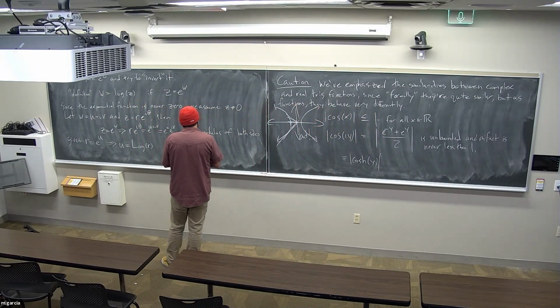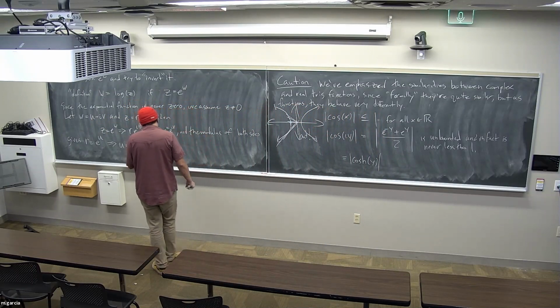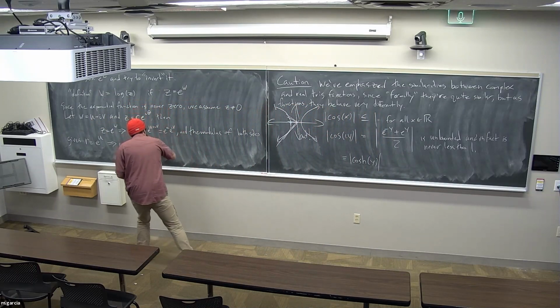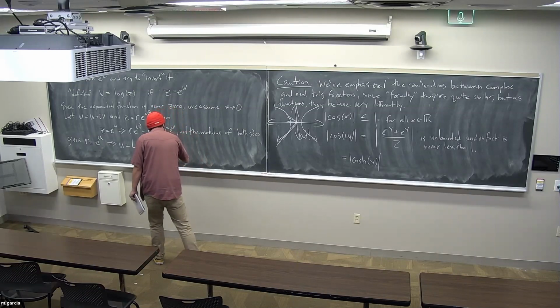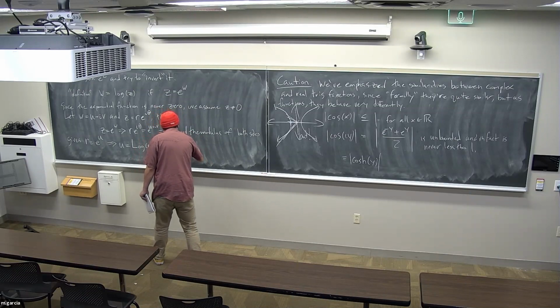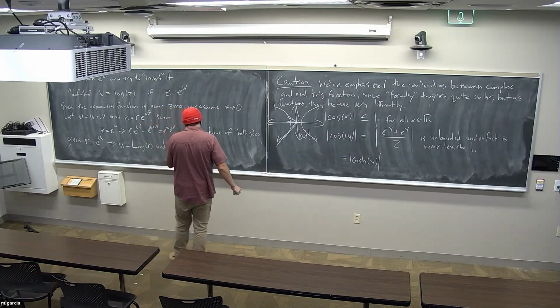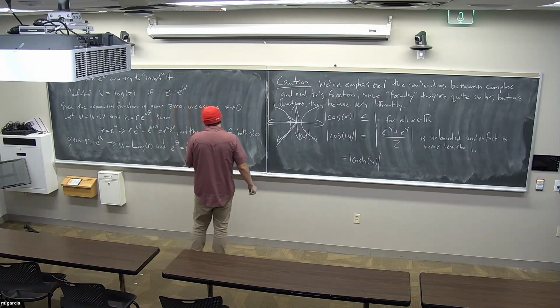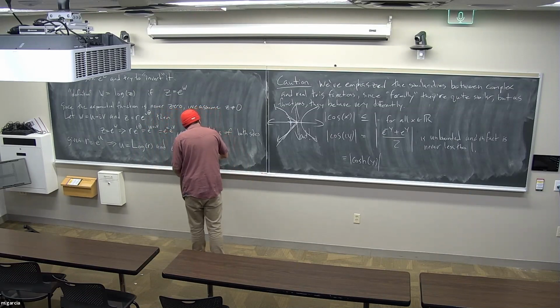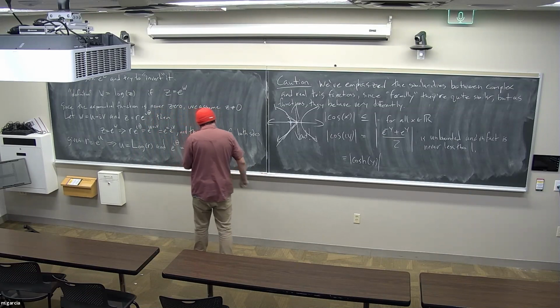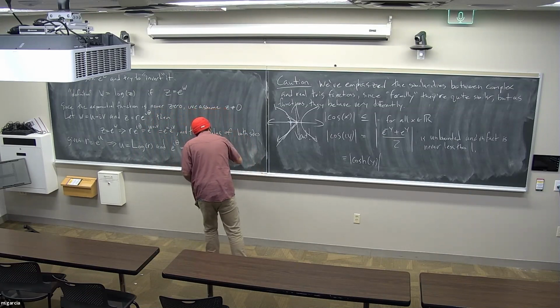Now, what do we do about the remaining terms of our equation? e to the i theta is equal to e to the i times v, right? Which implies that v is equal to the argument of z.